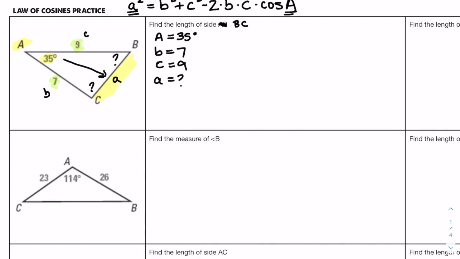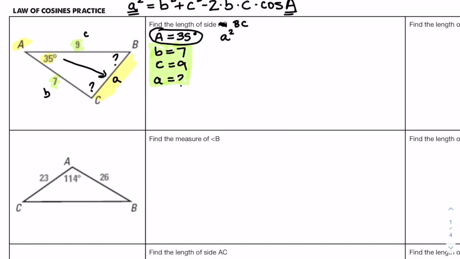Okay. The reason why I would say it's very obvious that this is a law of cosines example is because you already see that all three sides are involved. We have knowledge of all three sides, and we only have knowledge of one angle. So this is a perfect opportunity to use the law of cosines. So let me go ahead and set it up.